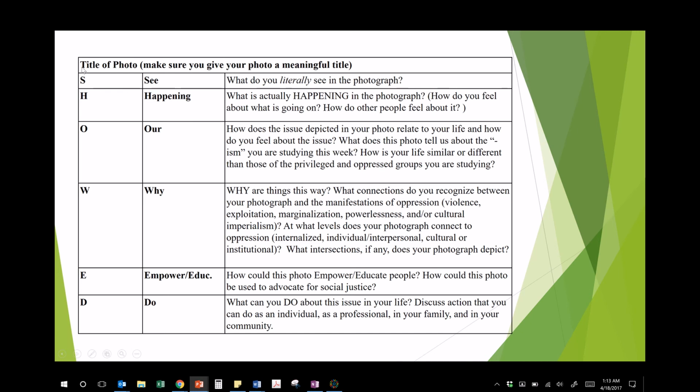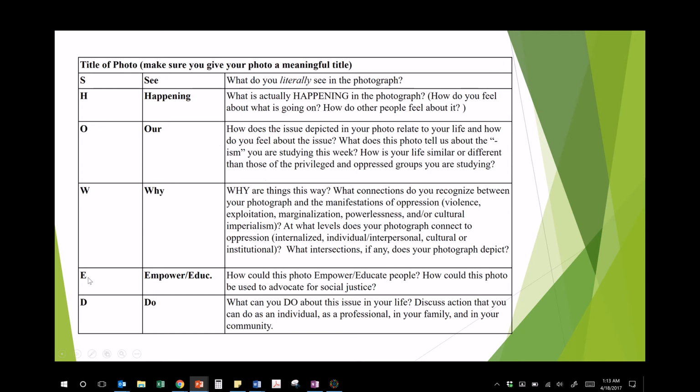So this SHOWED model is a popular structure used in many Photovoice research projects. And so this was essentially just an adapted version of that focused on the context. So you can see the first posting of the photograph asked students to post the S and the H, again, descriptive elements of the picture.